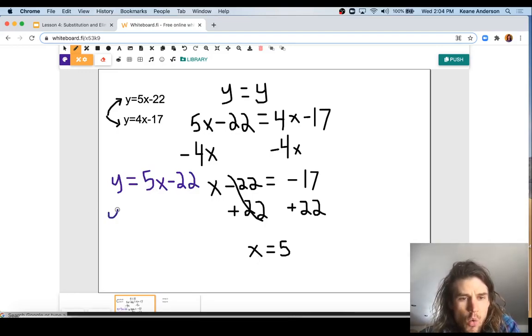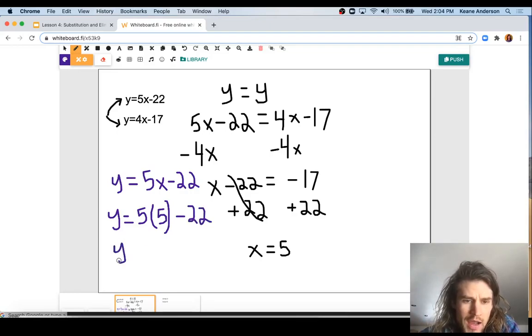So that means y equals 5 times 5 minus 22, because we take x equals 5 from right over here. So that means y equals 25 minus 22, or y equals 3.